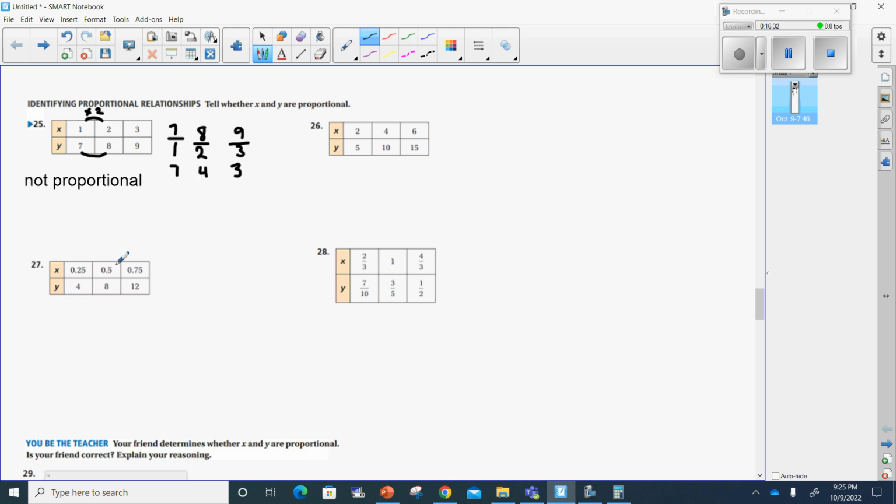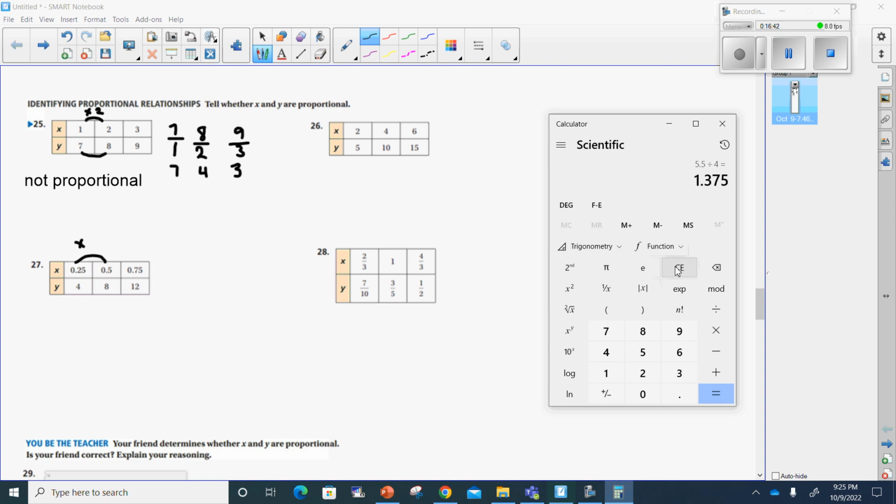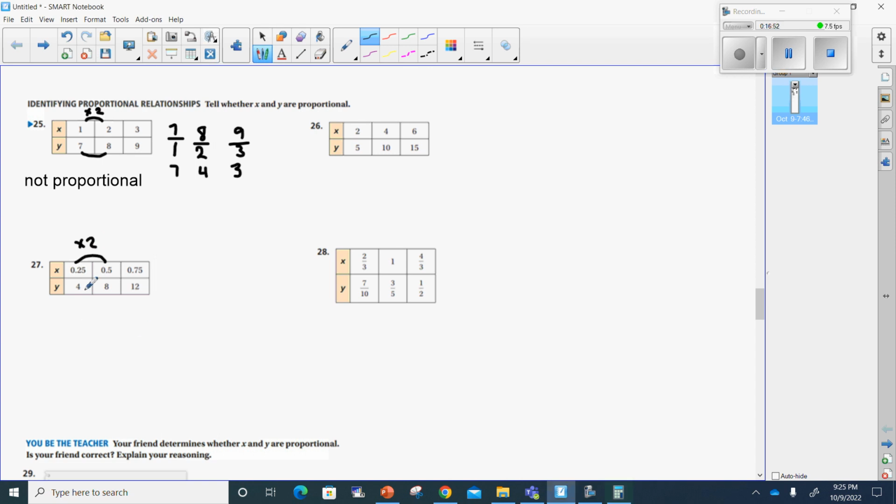Let's go to number 27. This time over here, I would have to multiply this by 2, I believe. We're just going to check that. We're taking 0.5, dividing it by 0.25. That's going to give us 2. So that means I would have multiplied 2 to 4 to get 8. And that's true. We're not done yet. All the table has to be the same way. Now we come over here, and it looks like we got 0.75.